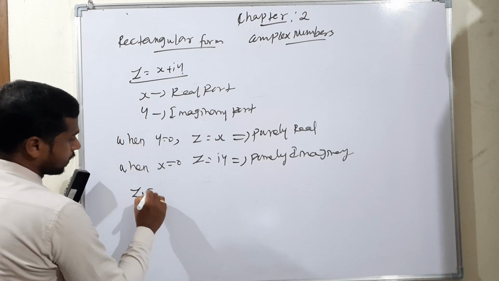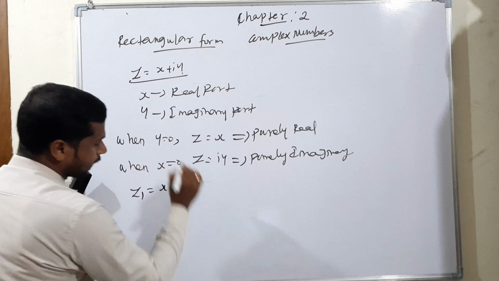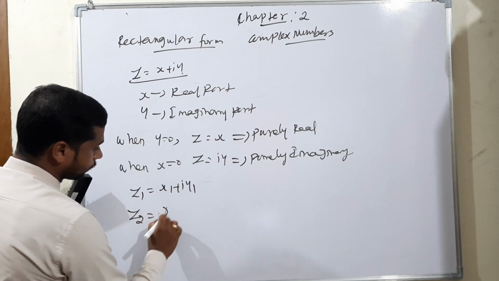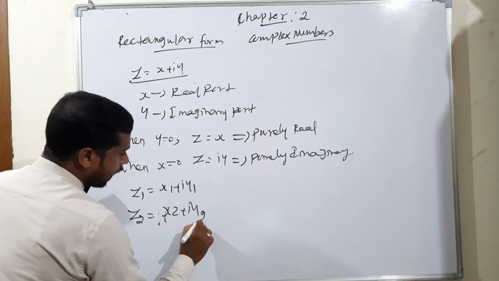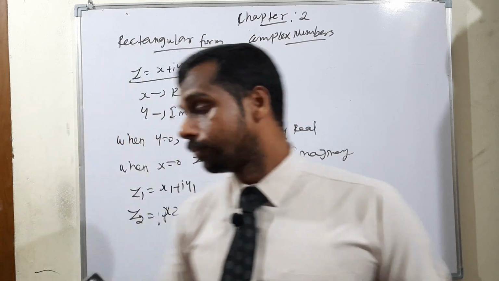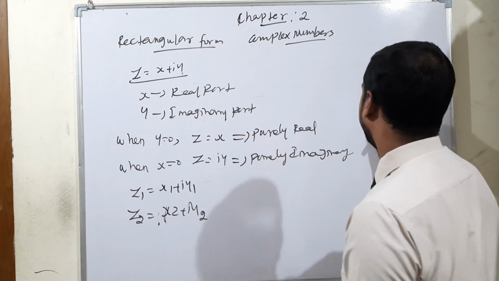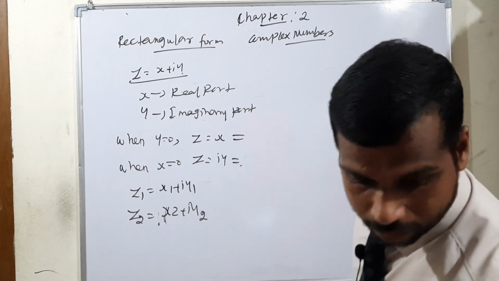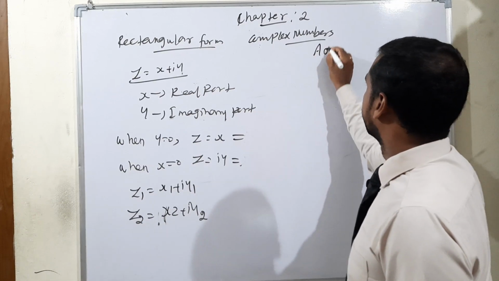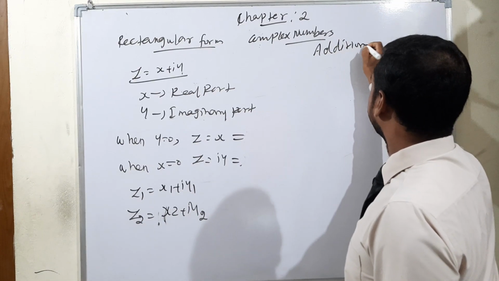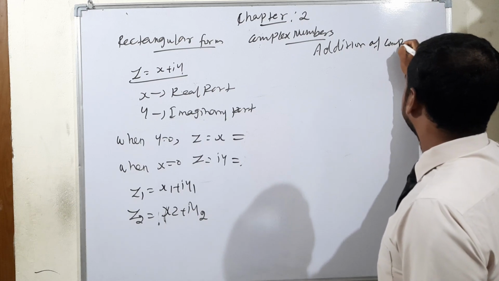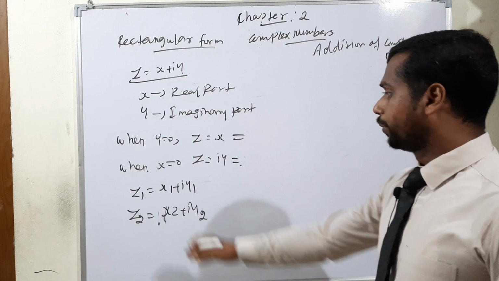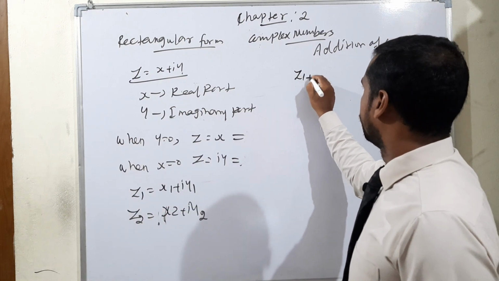For example, z1 is equal to x1 plus iy1, and z2 is equal to x2 plus iy2. How to find the addition of complex numbers?